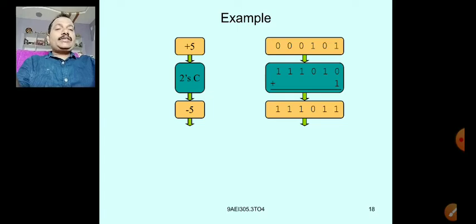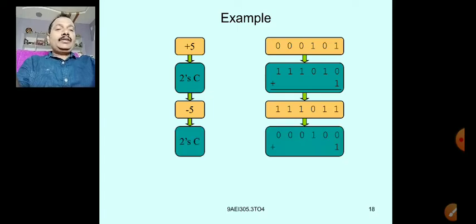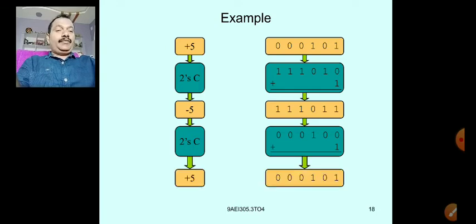Okay. Next, once again, if you complement the 2's complement, then you will get 000100, plus 1. That means you will get the final value 000101.